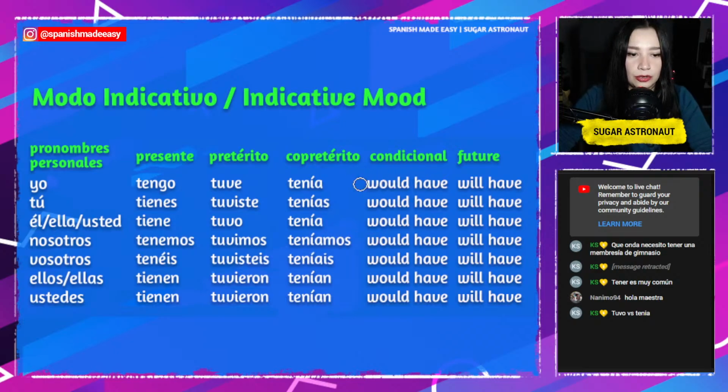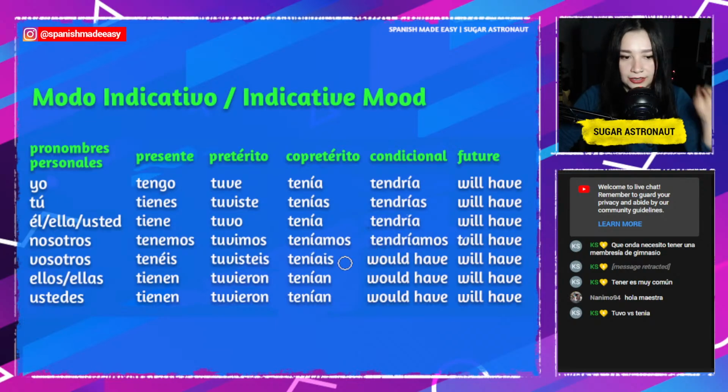Condicional. Yo tendría. I would have. Tú tendrías. You would have. Él, ella, or usted tendría. He, she, you would have. Nosotros tendríamos. Remember the intonation.